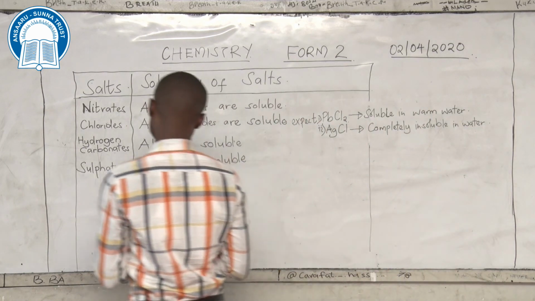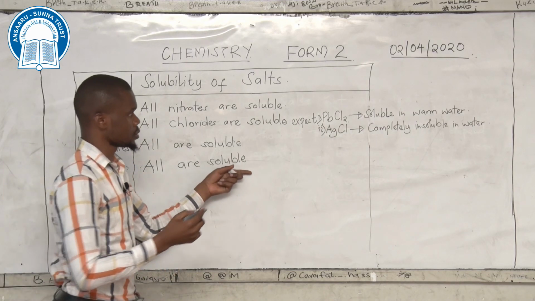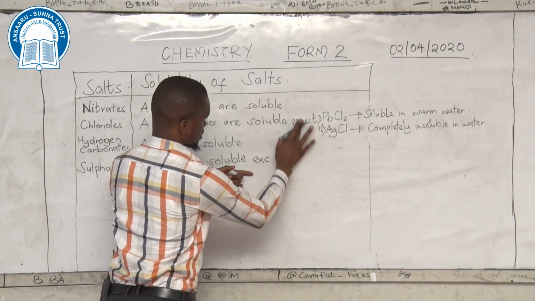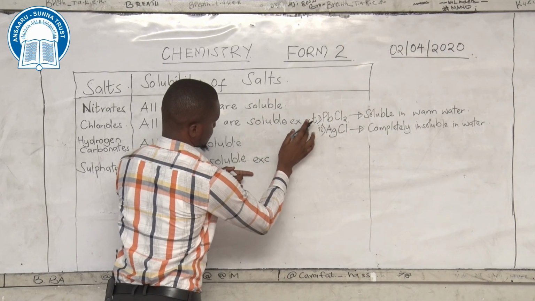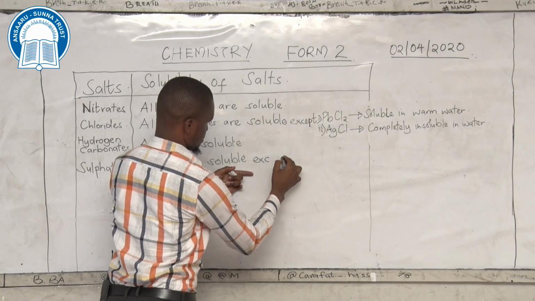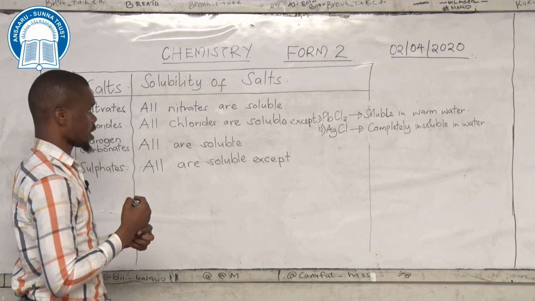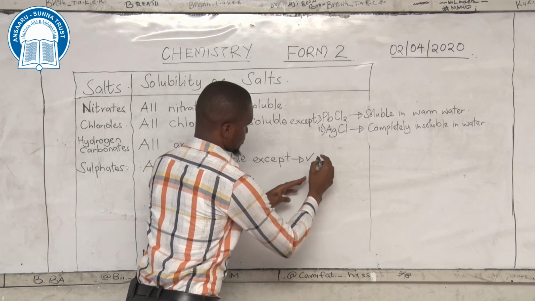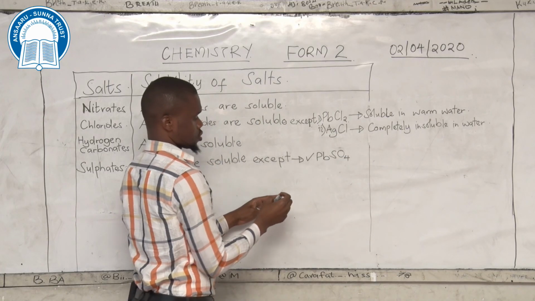Again, we have talked about sulfates, and all sulfates are soluble, but we have an exemption: except three. These three sulfates are not soluble. One is lead sulfate, insoluble.